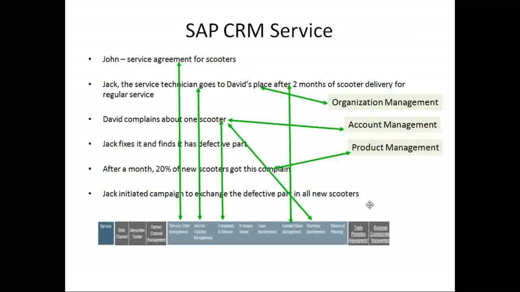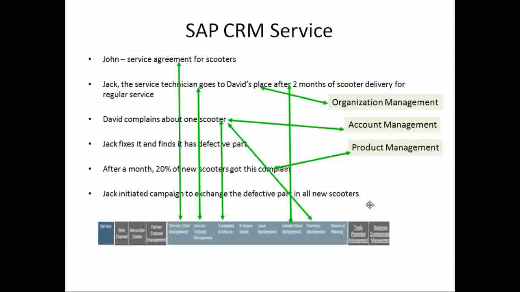Now, once Jack visits David's place, David complains about one scooter, and this complaint will be registered, maintained and handled using complaints and returns in the SAP CRM Service business process. Now, when Jack visits David's premise, he will need David's location details.